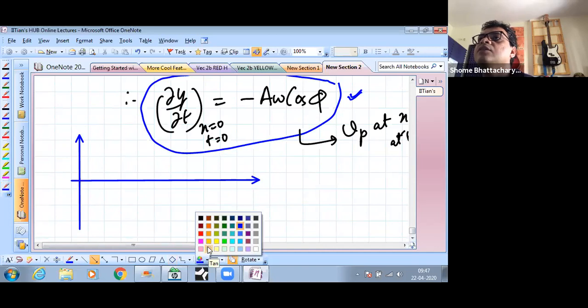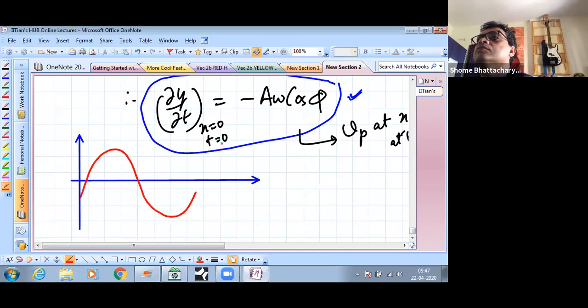So my wave at t equal to 0 was something like this. This is how my wave shape was looking at t equal to 0. Now let us shift it by time delta t. Because this is moving in this direction, this whole wave has to shift in this direction.